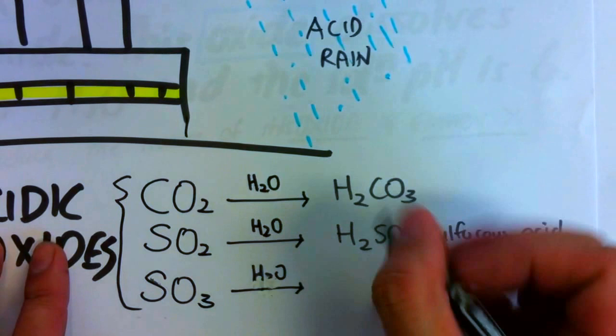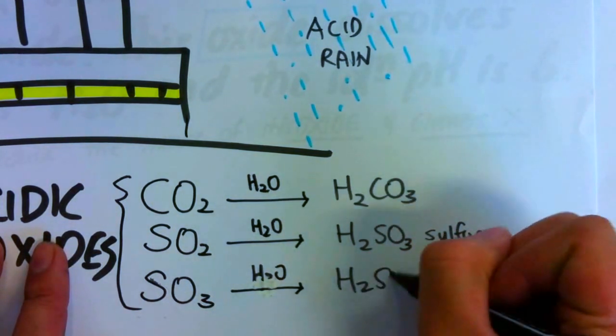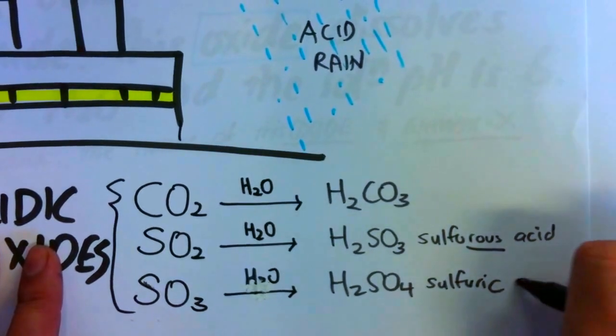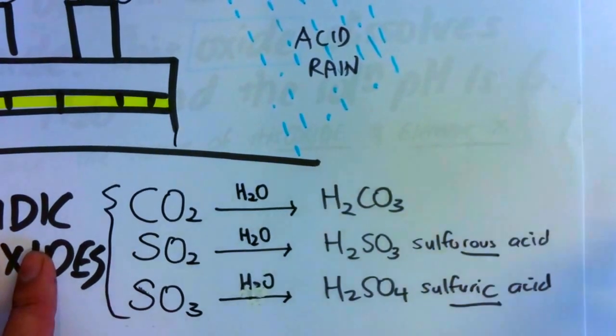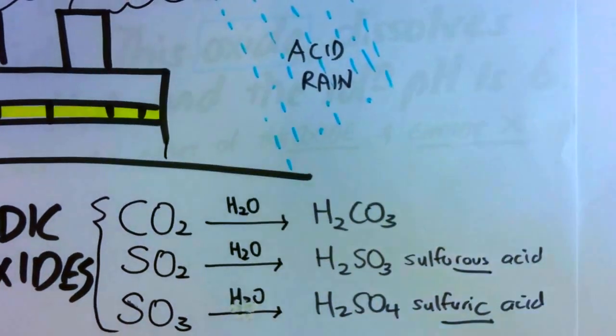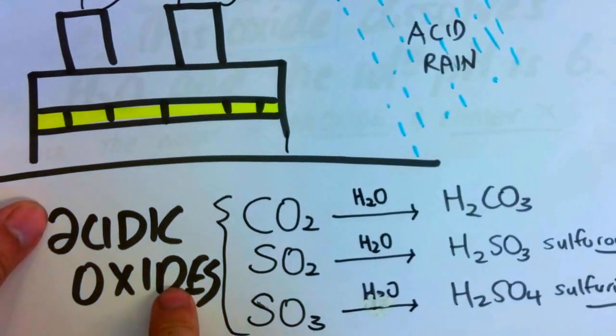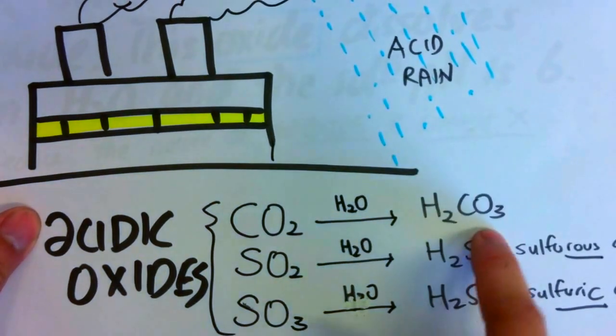SO3 plus H2O gives H2SO4, and this is a strong acid. And this is sulfuric acid, the one that we use in the lab. So from there you get the acids. Okay, acidic oxides basically dissolve in water and they will form acids.